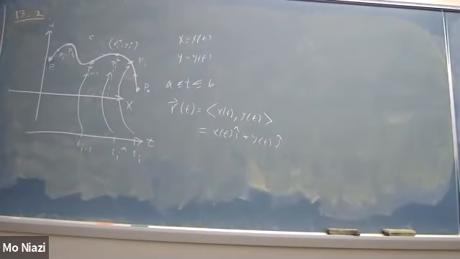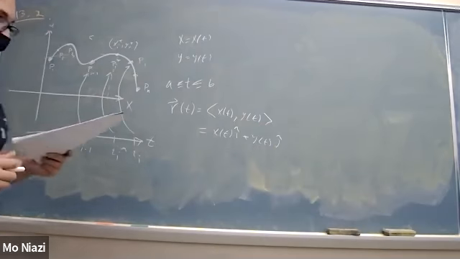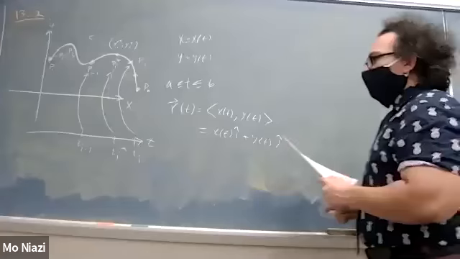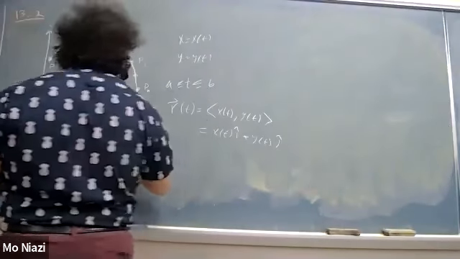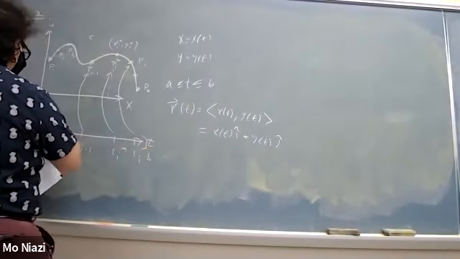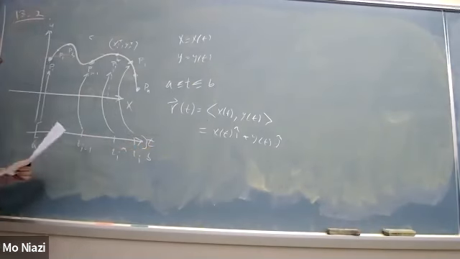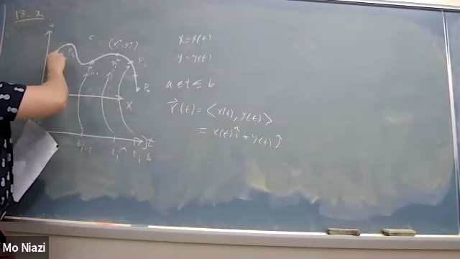Assuming C is smooth and r prime is continuous and r prime of t does not equal 0, we can divide this interval A to B into n subunits. And those subunits map to these subarcs.